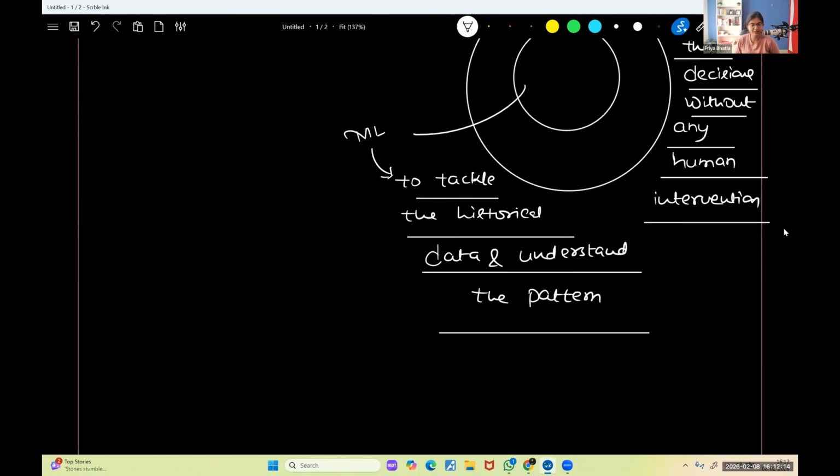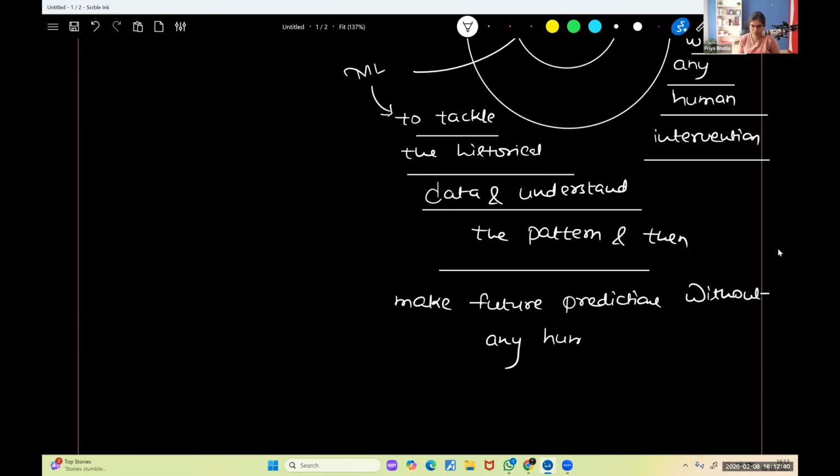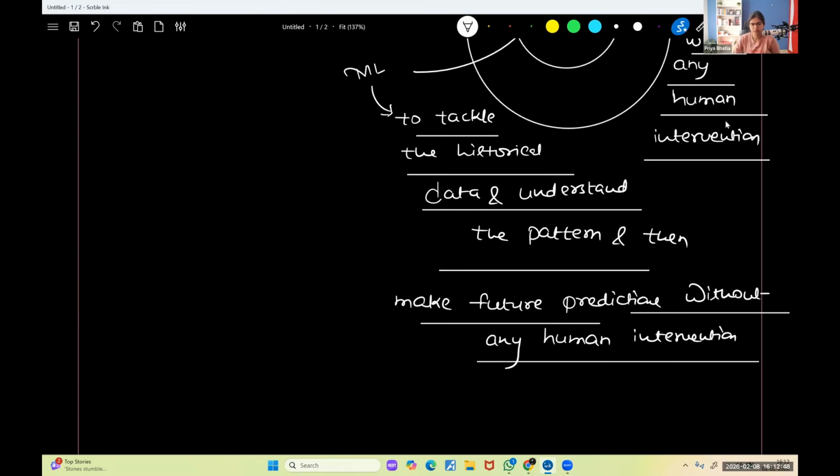The model will try to understand the pattern, and then definitely make future predictions without any, we can say, human intervention. So that's the whole point that we will be having.